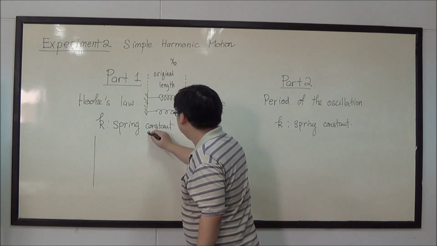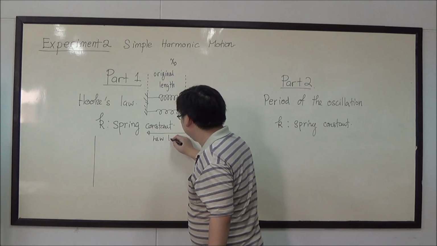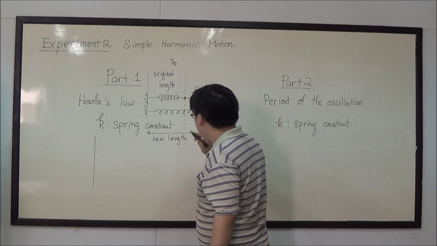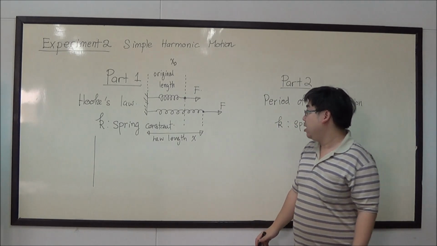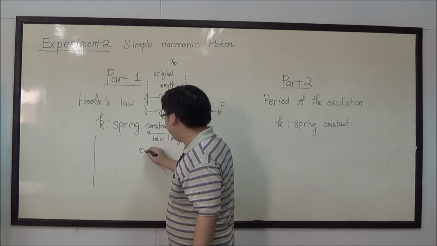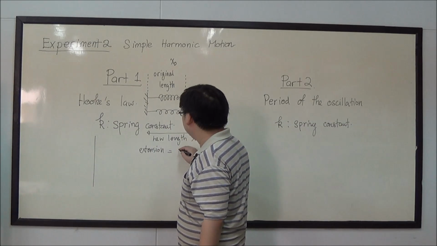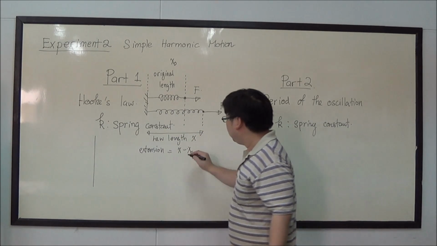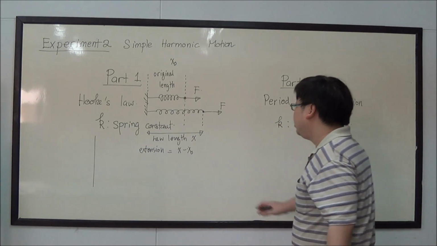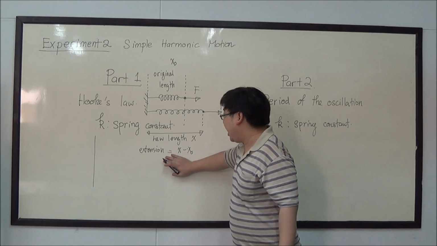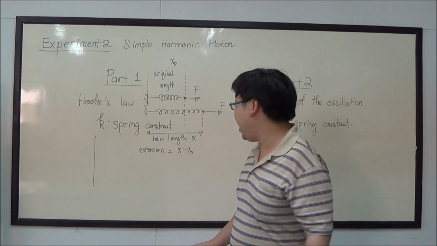And now the new length of the spring is x, and we call that the extension. The extension of the spring is x minus x naught. Hooke's law says that this extension is linearly proportional to F.